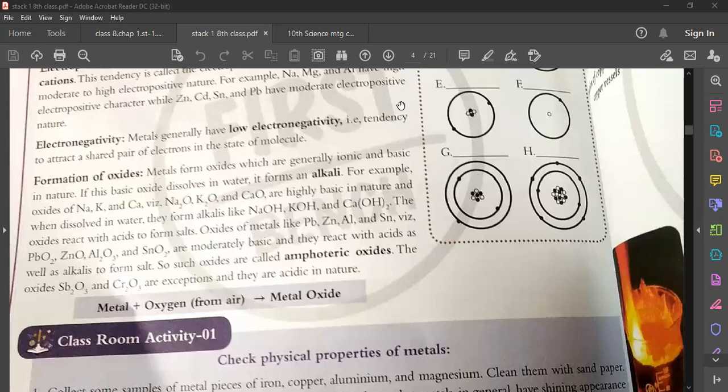No, sir. But can we call all the alkali bases? Yes, sir. Because we are calling only some bases alkali, right? That means all alkali are bases only, right? Understand or not, Vedika? Yes, sir.